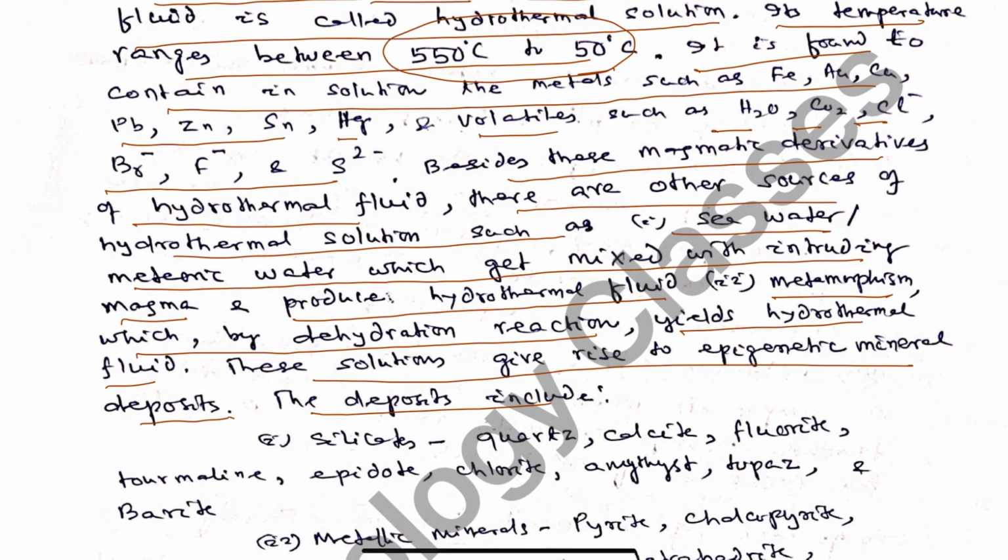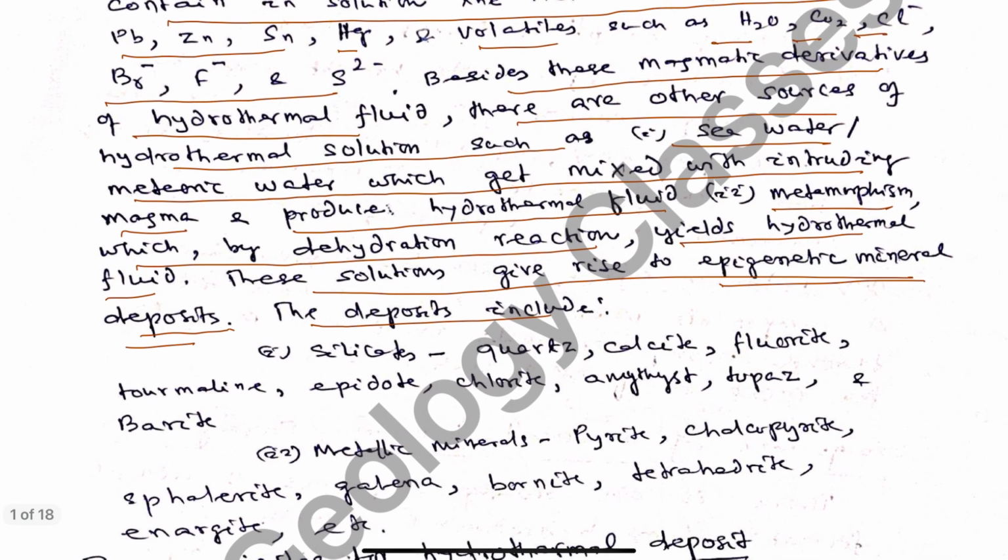In these openings, the hydrothermal fluid gives rise to economic mineral deposits. So the mineral deposits are later than the formation of the host rock, and here they are called epigenetic mineral deposits. So hydrothermal fluid mostly gives rise to epigenetic mineral deposits.